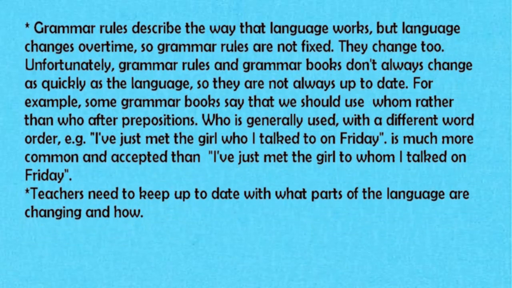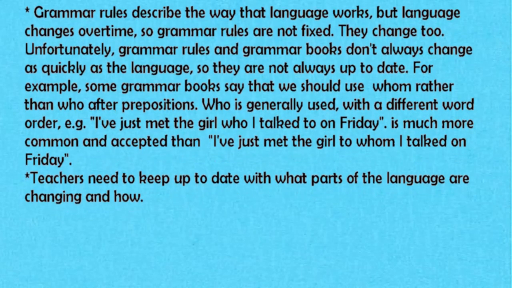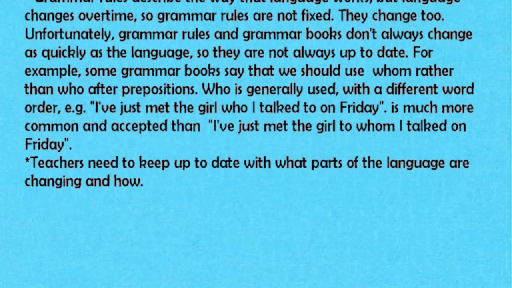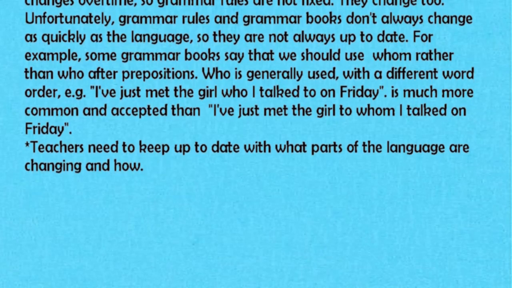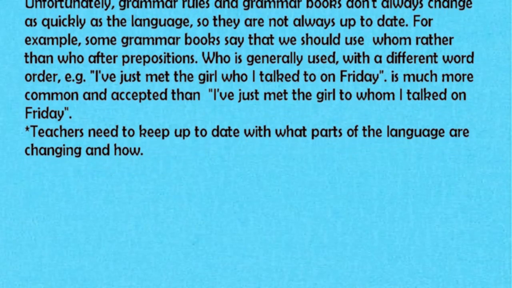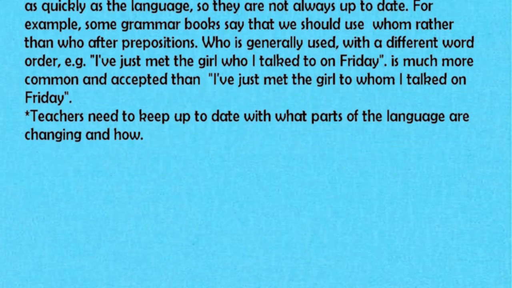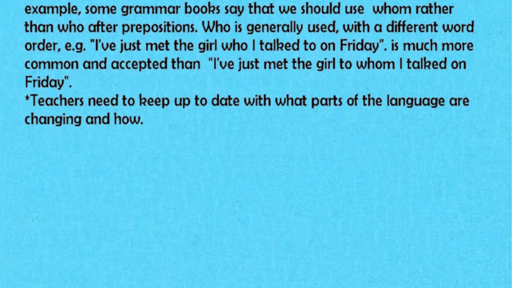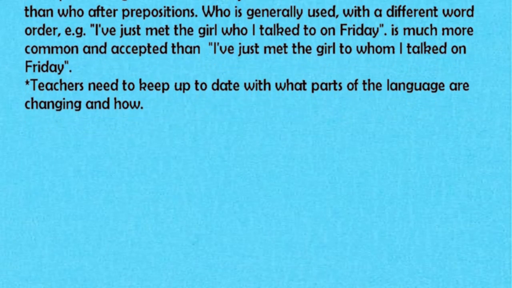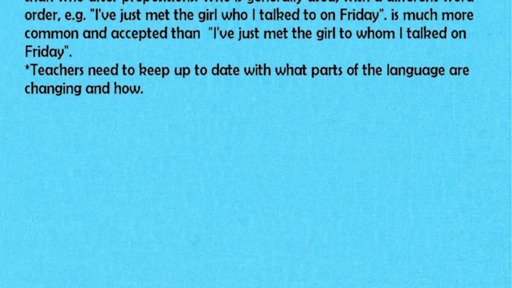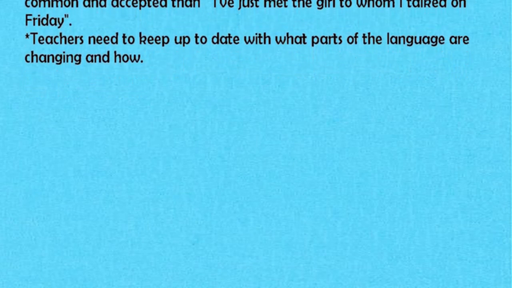Who is generally used with a different word order. For example, I've just met the girl who I talked to on Friday is much more common and accepted than I've just met the girl to whom I talked on Friday. Teachers need to keep up to date with what parts of the language are changing and how.